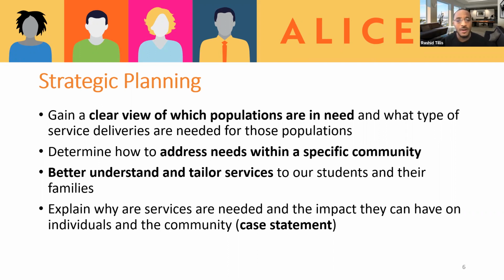And the last bullet talks about how strategic planning also helps us to explain why our service is needed and the impact it can have on individuals and the community. So again, if you've been in the nonprofit sector any length of time, this is the very baseline work necessary concerning reaching our communities. So strategic planning as it relates to ALICE in action, these are some key components here. So we'll go on to the next slide.